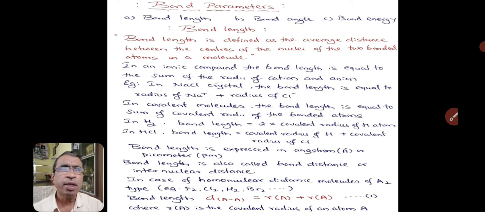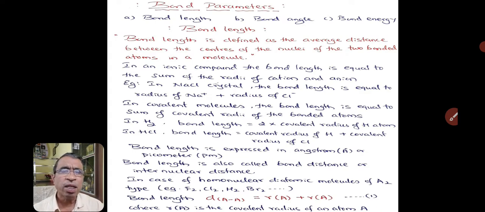These are called bond parameters. In this class, let us study in detail these bond length, bond angle, and bond energy.